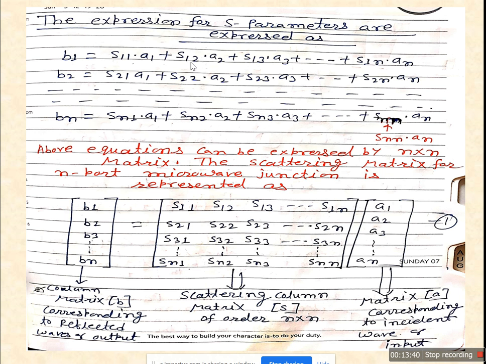The number immediately after the S indicates the output: here the output is at port 1, and the input is at port 2. Do not be confused. In S12, the 1 immediately after S means the power output at port 1, and 2 means the power input at port 2.